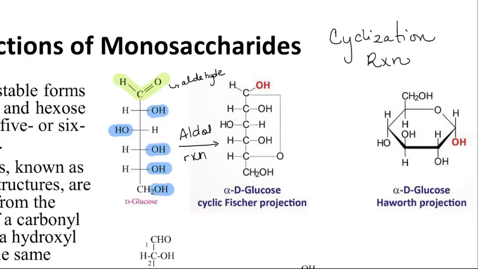So if I number my OHs as 1, 2, 3, 4, and 5, and if we are guided by that Fischer projection in the cyclic form, okay, which OH, in the way that I number them, is the one that is reacting with the carbon in the carbonyl of the aldehyde? Let's put it in the chat.